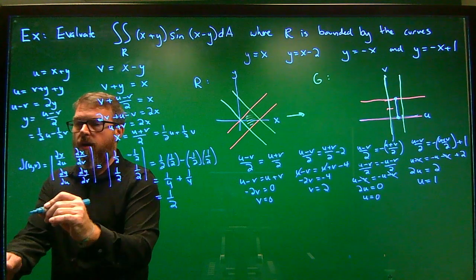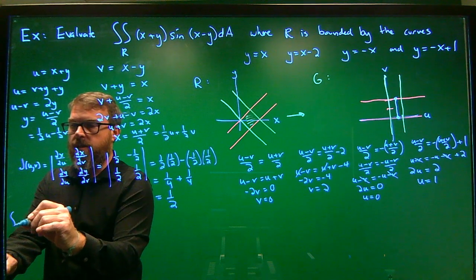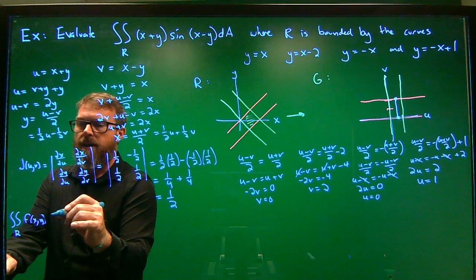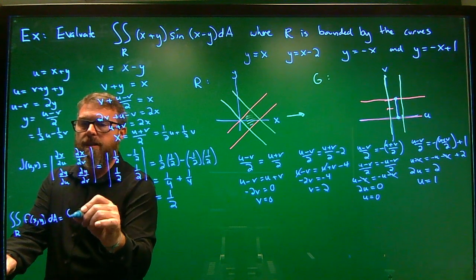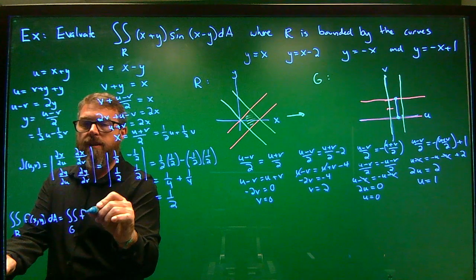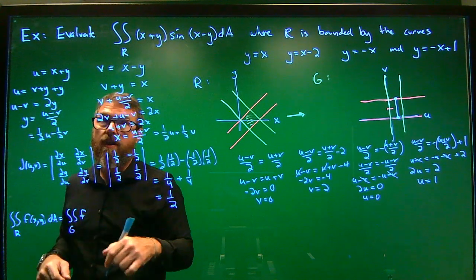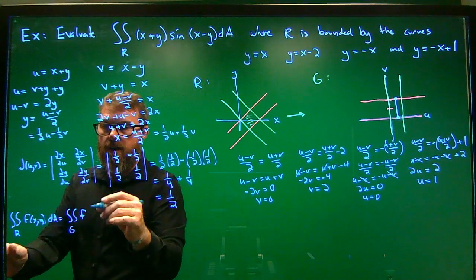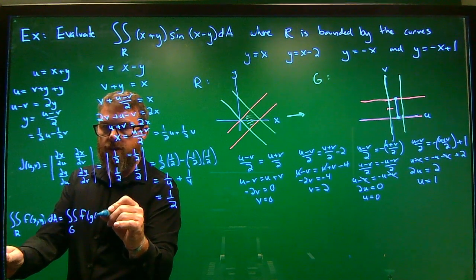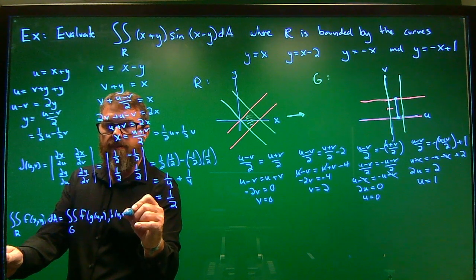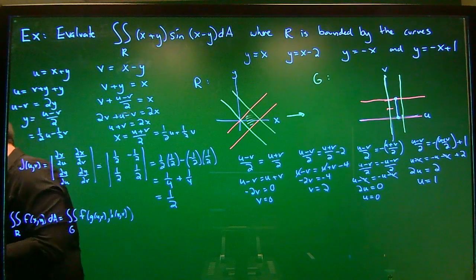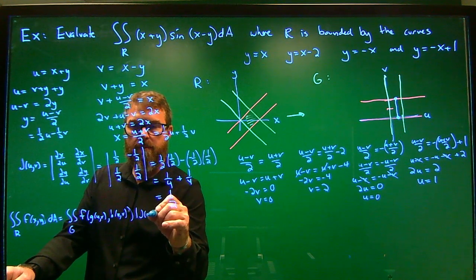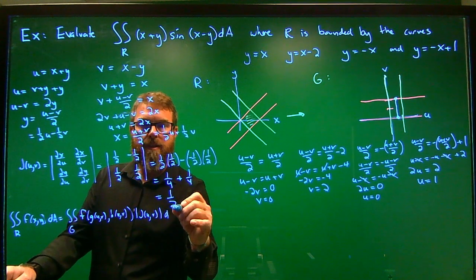So finally, we know that our substitution goes as follows. The double integral over the region of f of x comma y dA is going to become the double integral over functions of u and v, g of u comma v, h of u comma v, multiplied by the magnitude of the Jacobian dA as well.